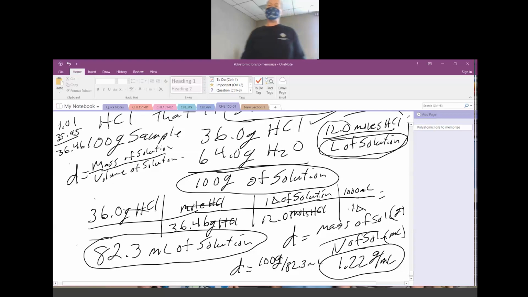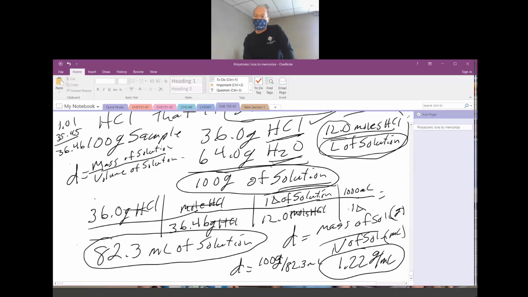All right, so this is a very difficult question. You have to use the definition of percent, parts per hundred. It is a mass percent. Assume a 100-gram sample. Then you have the mass of your HCl, the mass of the water, and the mass of solution. So you have to know solute, solvent, solution.